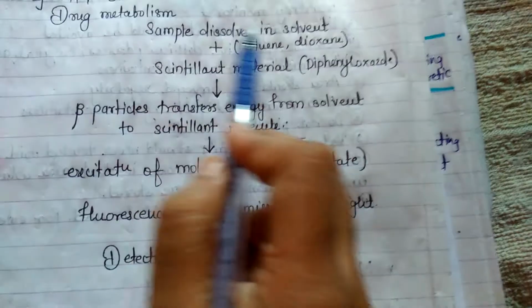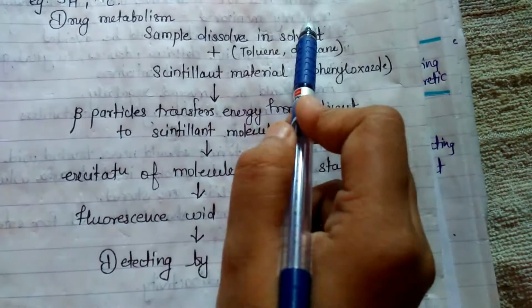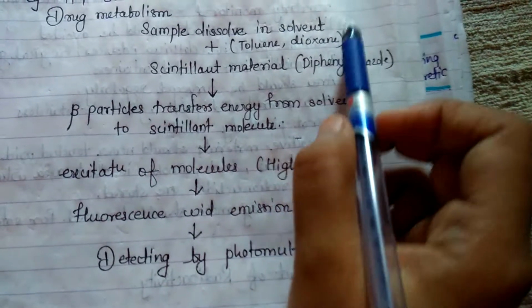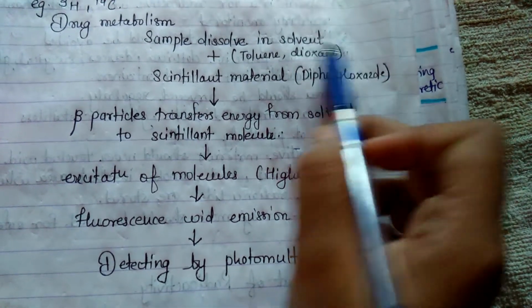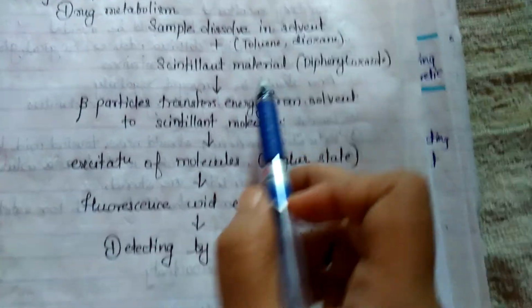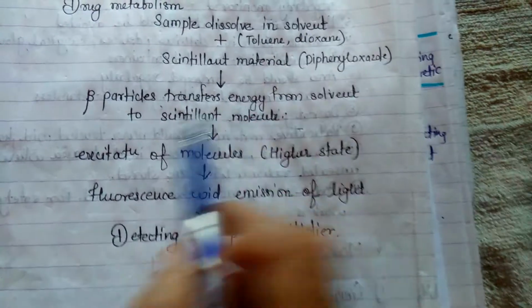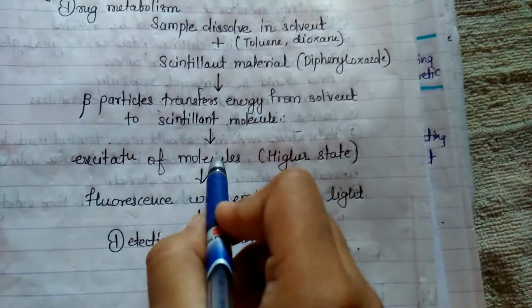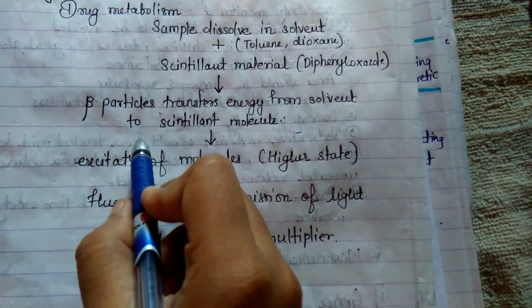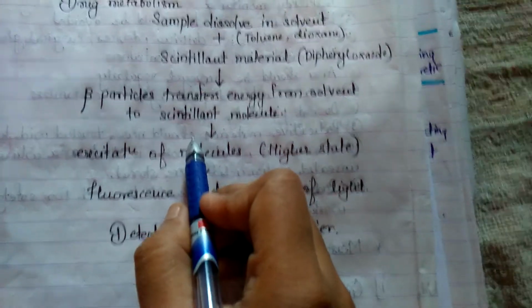Because our sample is dissolved in the solvent, we get a solution, and the beta particle transfers energy from that solution to the scintillant material. After that, excitation of the molecule happens, meaning molecules go from the ground state to the excited state.